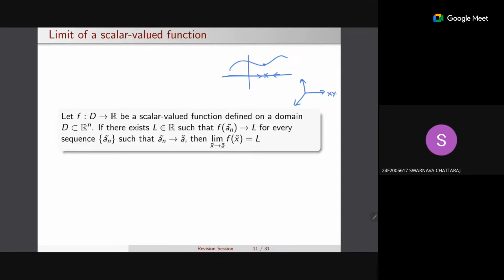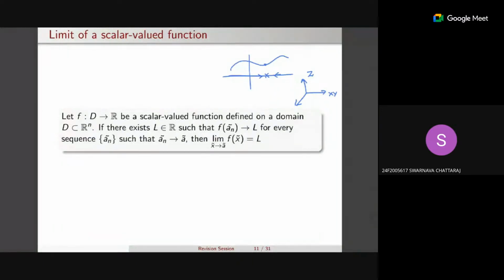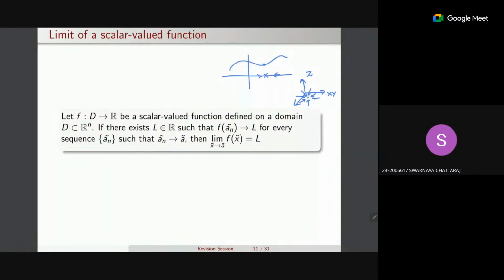Let's say your xy plane is the domain and z is the codomain, where the function value is given by z equal to f of xy. For any point on the domain, there are multiple ways to approach that point, infinitely many directions.